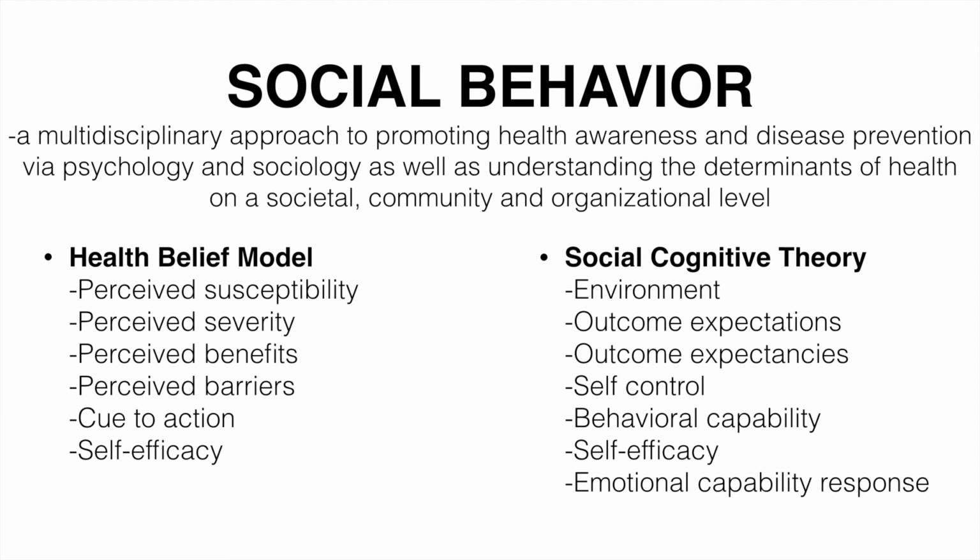So the first one is perceived susceptibility, and that essentially is the belief that one has about the chances of experiencing a risk of getting COVID-19, for instance. Then there's perceived severity, which is a belief that one has about how serious COVID-19 is and all of the related consequences.